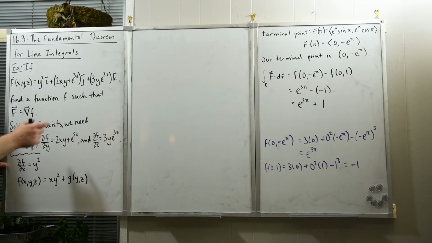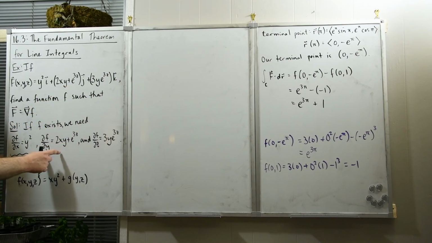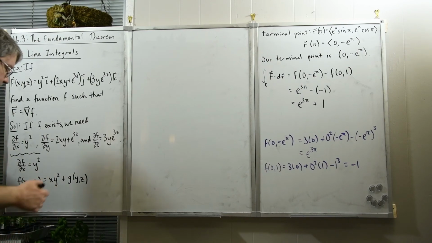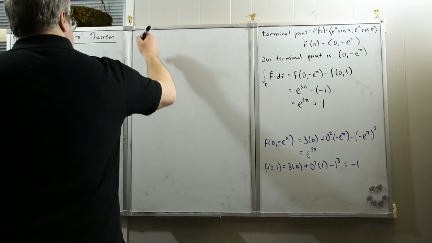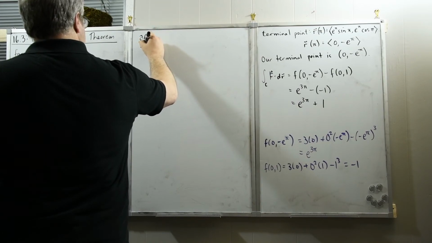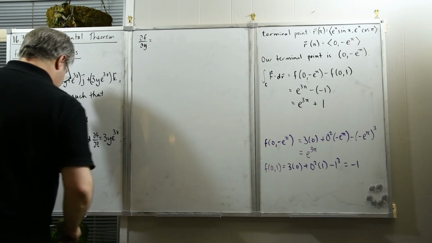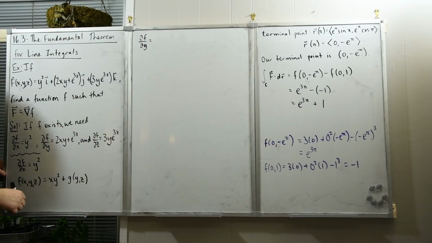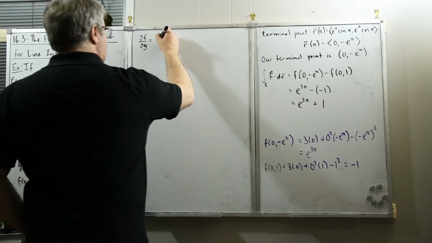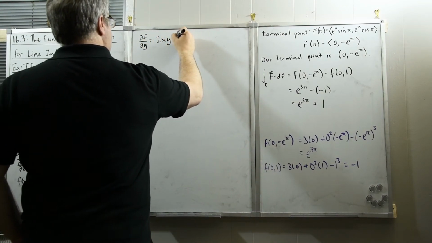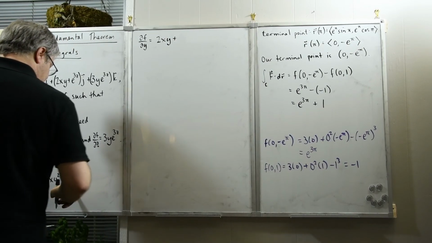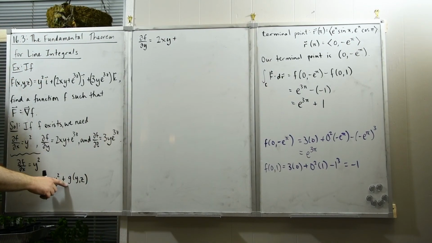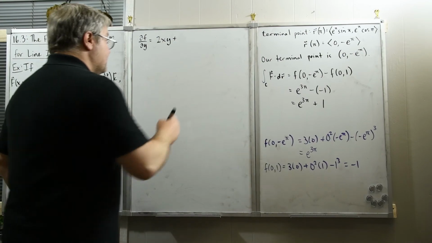And we can also think about the fact that we're going to need partial f with respect to y to be equal to that component function for j. And so if we think about partial f with respect to y, first part you're going to get a 2xy. And the second part you're going to get the partial of g of yz with respect to y.